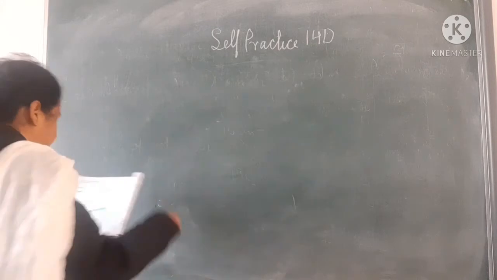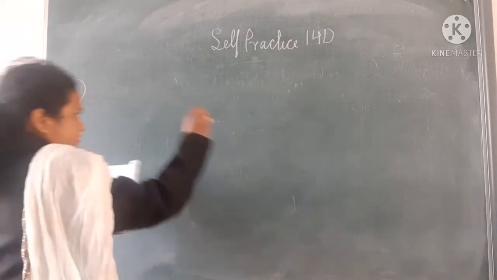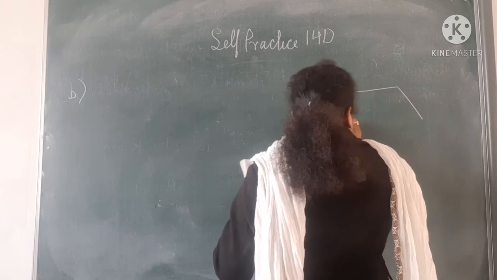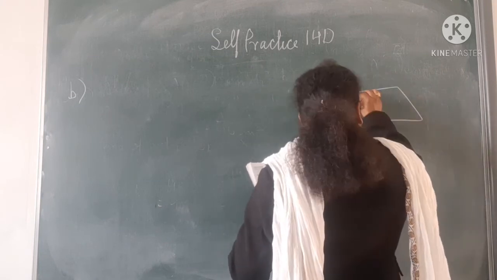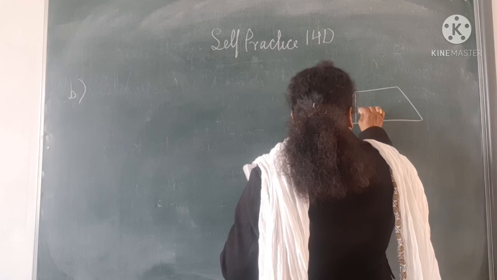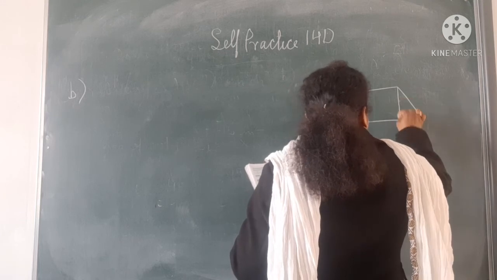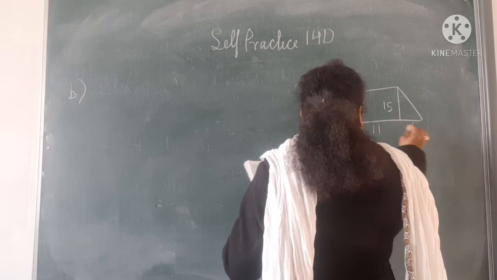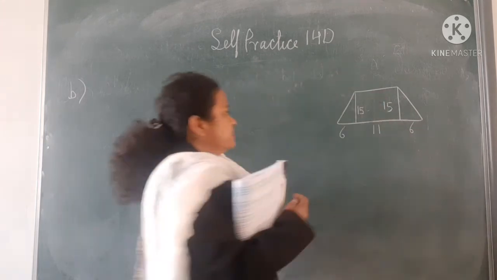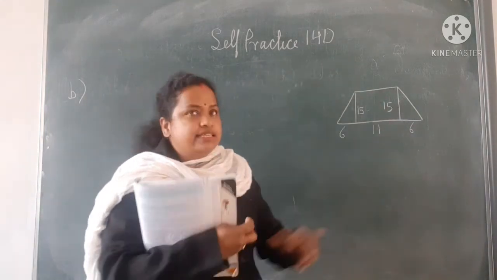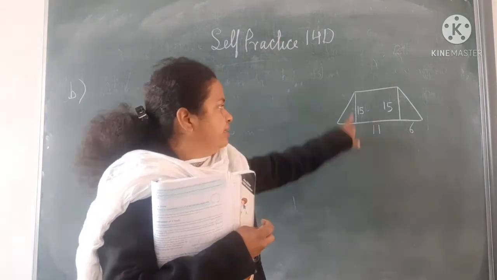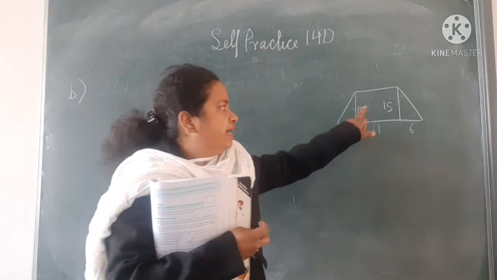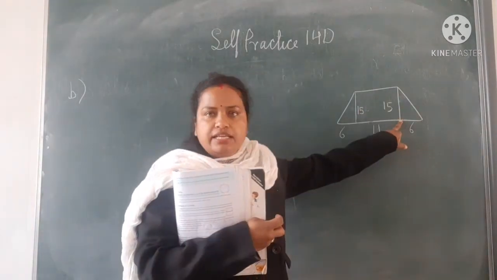Let's do the B part of it. Now see here, in this B part, from here to here it is 15 centimeter and from here to here it is 15 centimeter.